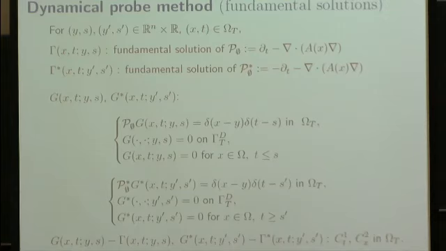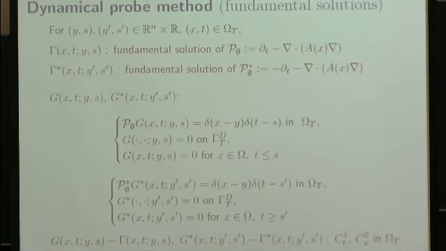So let me first define the fundamental solution. I denote by Gamma and Gamma star the fundamental solutions of our operator without inclusion. So in the case there isn't any inclusion, I put the empty set. So P empty set is the case where there is no inclusion. So we don't have A tilde here. A is just the background conductivity, okay? And this A is known.